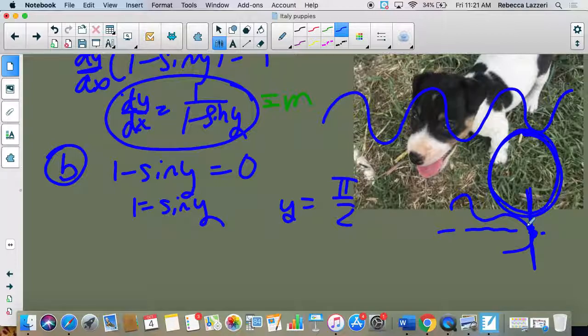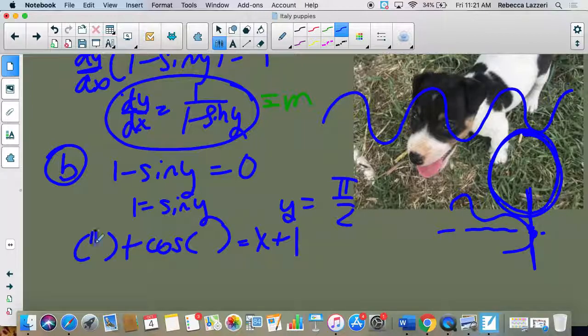So the curve was y squared. Oh no, it wasn't. I'm on the next problem. The curve was y plus cosine y. I'm going to fill it in as I go. It's y plus cosine y equals x plus 1.